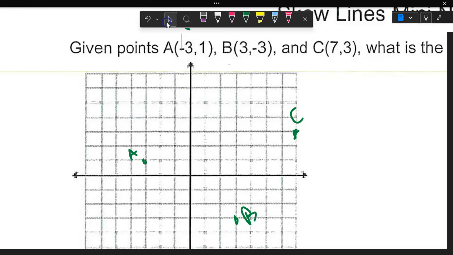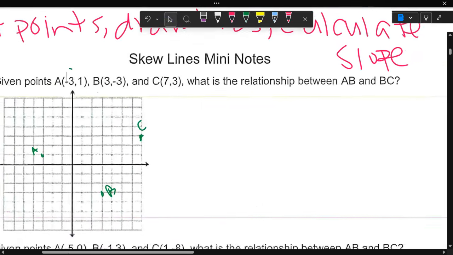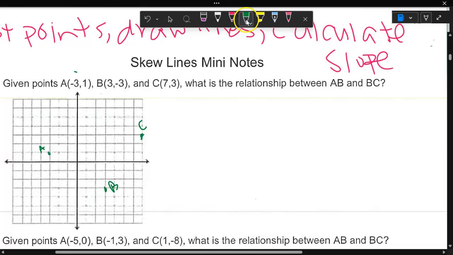All right, the question is asking for the relationship between AB and BC, so we need a line between A and B. AB and BC. What is the relationship between these two segments? So let's find slope using our slope formula.